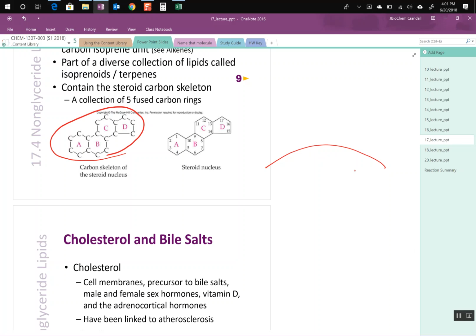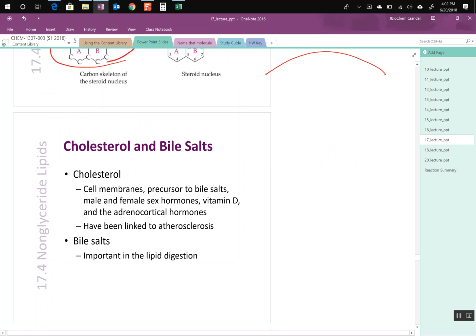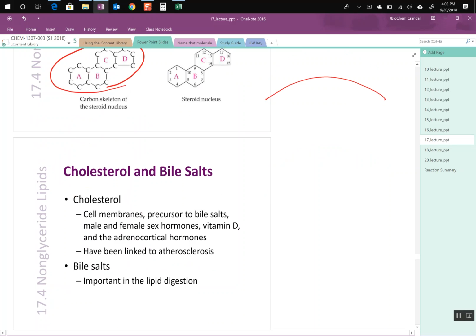So usually you need a receptor or something like that for those things to pass through. But steroids, because they are lipids, can just go right through your membrane. So they don't have the same security measures, I guess you could say. And so they can act more quickly and get to your DNA to cause a cellular response more quickly. Okay? So that's kind of the benefit of having steroid type molecules available.